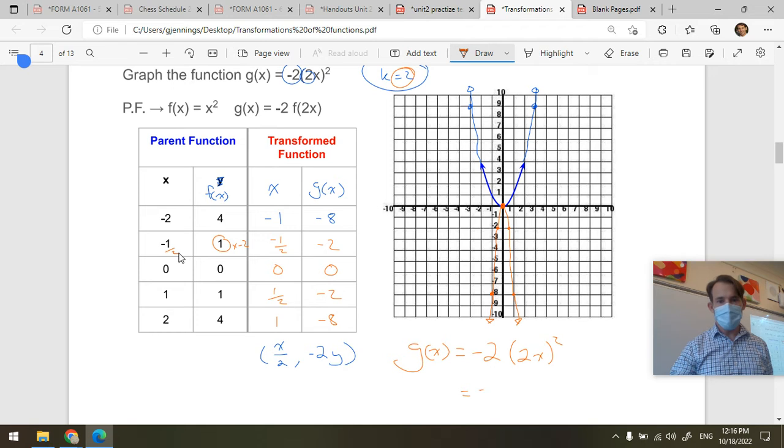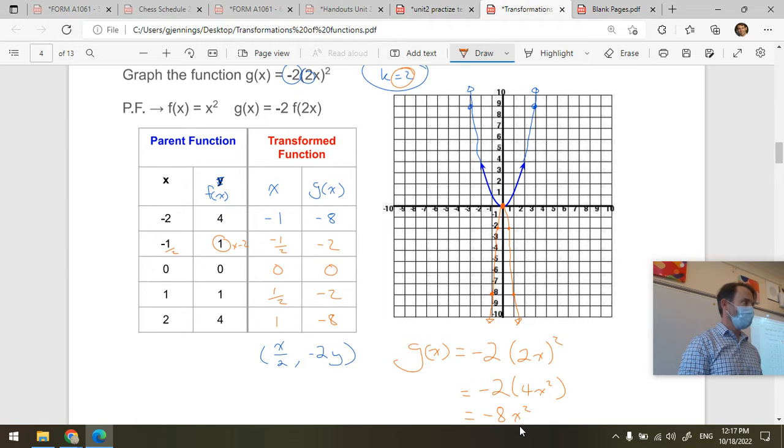That's equal to negative 2 times 4x squared. See, I squared the 2x and got 4x squared. And then that's equal to negative 8x squared. So no surprise there. The algebra matches working point by point, and matches what we get if we just stretch and squeeze it.